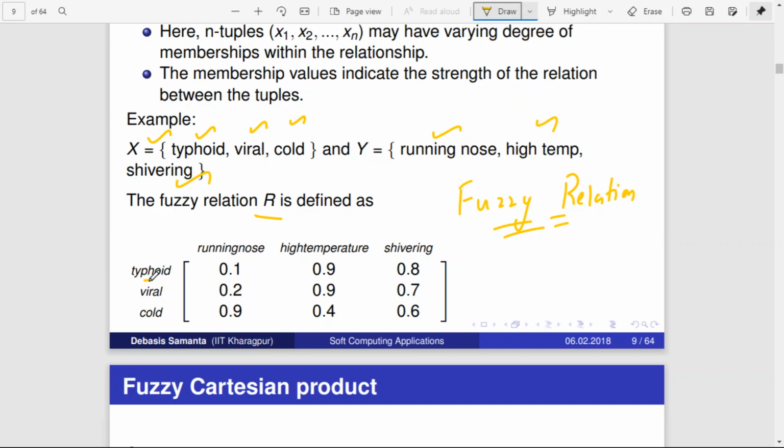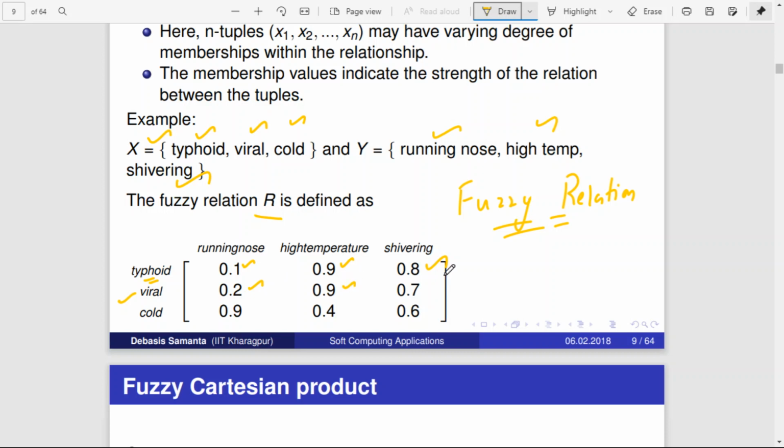So if somebody is having typhoid, then this is the relation we are defining: the degree of running nose is very less, 0.1, and the high temperature is very high, 0.9, and shivering we are giving a score of 0.8. Similarly, if somebody is suffering from some viral infection, then running nose is very less, 0.2.